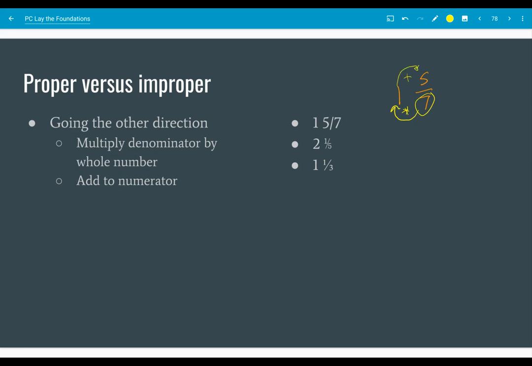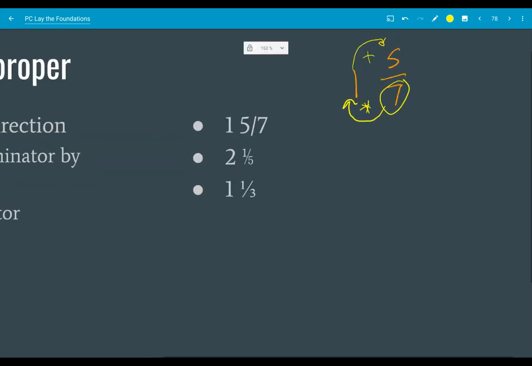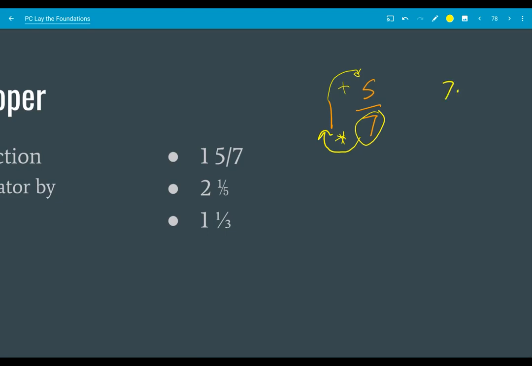Right? Because we have one whole, so that means we have 7 parts, and we're adding it to our 5 parts. So 7 times 1 plus 5 gives you 12/7.